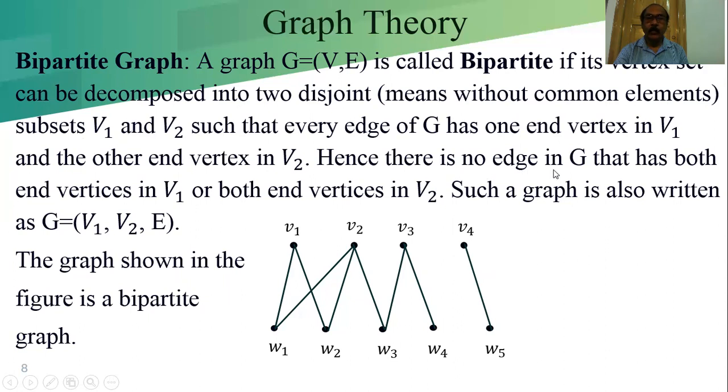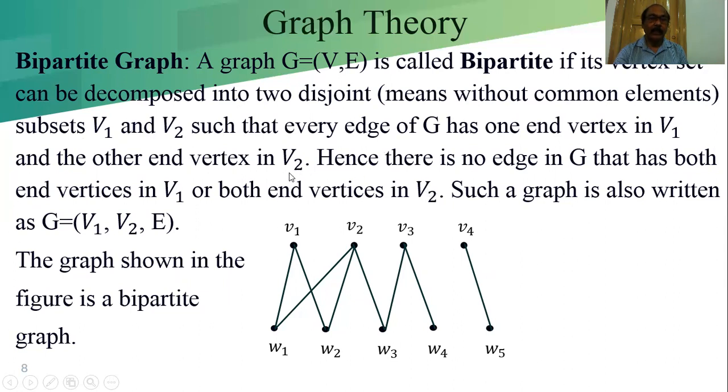Hence, there is no edge in G that has both end vertices in V1. So we cannot get any such edge that has both end vertices in V1 or both end vertices in V2.